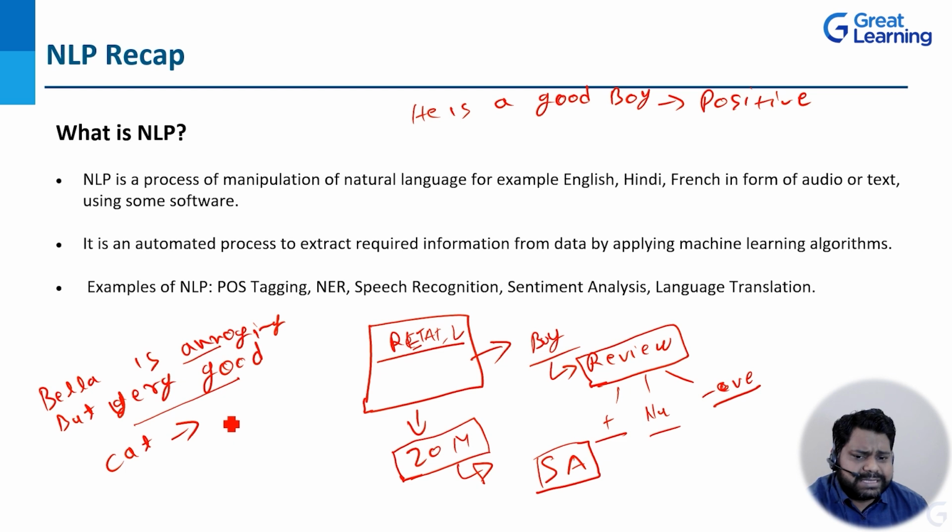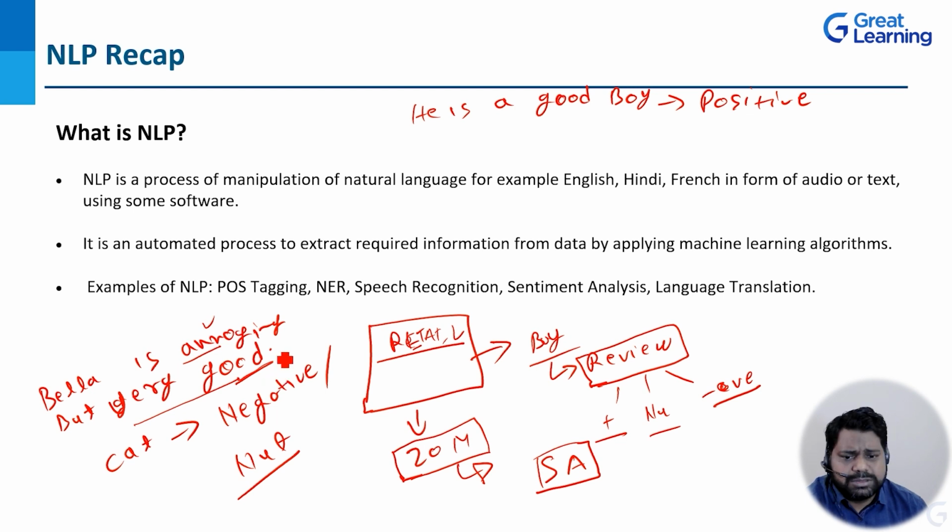So either we can say that it's negative, or we can say that it's neutral. We know that the cat is annoying, but it is a very good cat. Good means that whatever commands you give it, she follows all those commands. So by this we can say that it's a neutral sentence.